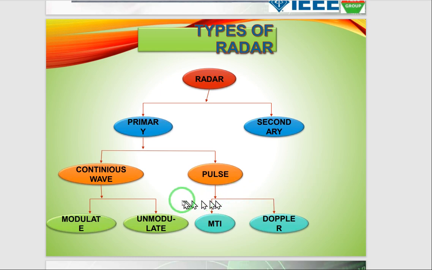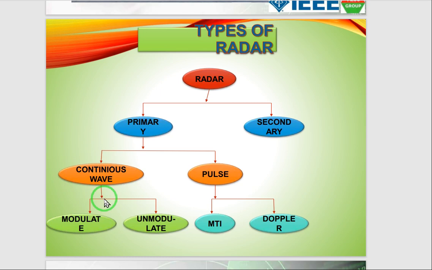That means a continuous wave sent into the atmosphere is known as continuous wave radar, and as we transmit pulses or a train of pulses in the form of radio frequency signals, they are known as pulse radars or pulse wave radars.